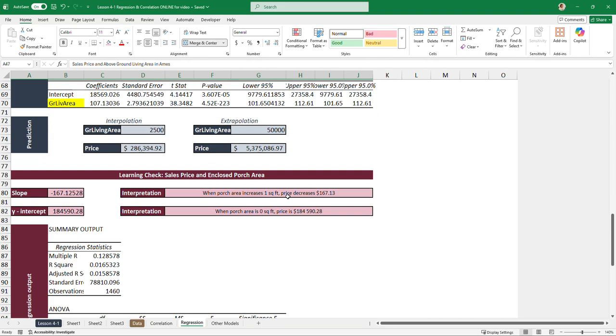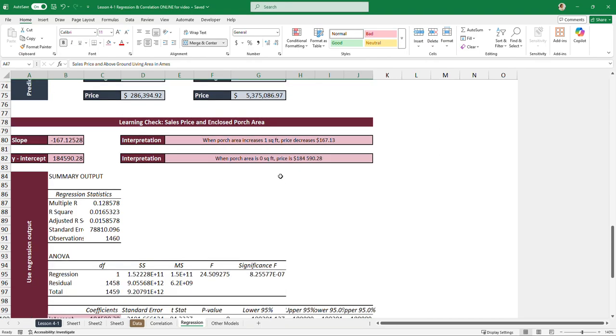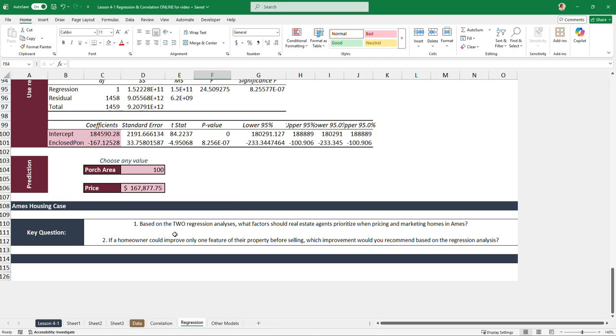So you might want to say if you have a porch, maybe you should actually increase it. You could increase the value of the house by converting the porch into actually part of the house, part of the living area, or maybe just demolishing the porch and getting rid of it altogether. That could be some recommendations based off of these analyses.